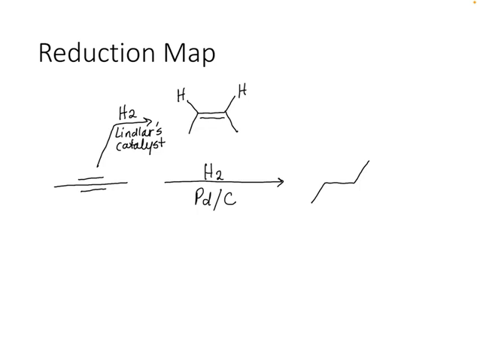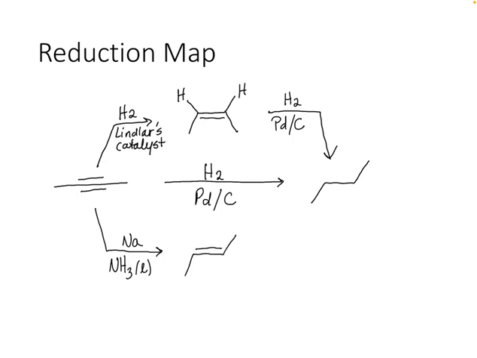And then if we wanted to go all the way to the alkane, we could use hydrogen and palladium mixed with carbon. Now we additionally saw that we could get the trans alkene using pure sodium and liquid ammonia. And then if we wanted to go to the alkane, we could again use hydrogen with a catalyst.